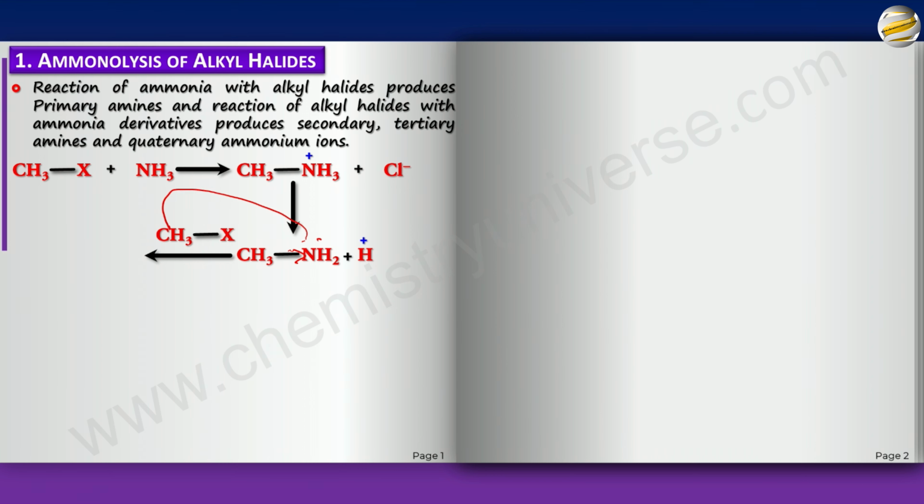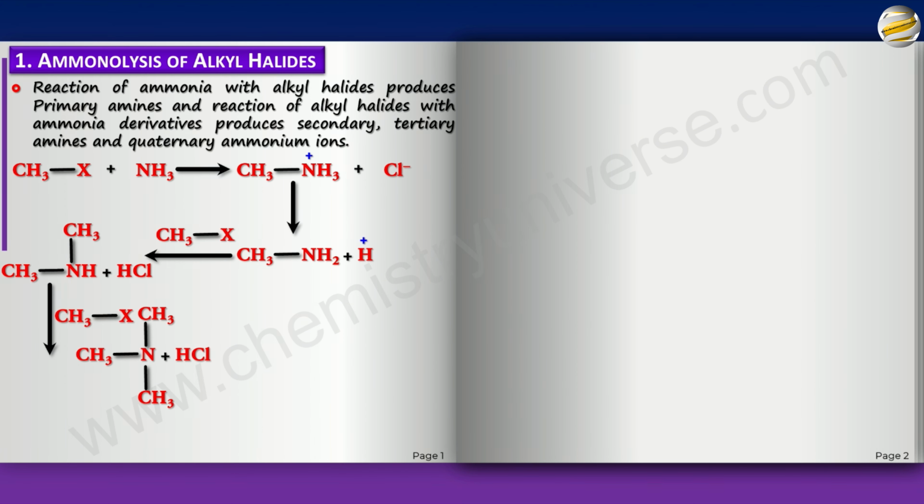So that will attack this carbon and the X minus will leave, and you will get secondary amine by the same logic. And if I have sufficient CH3X, now this is actually more reactive, but then because of hindrance, maybe it is slightly less reactive, but at least it is quite nucleophilic because of the plus I effect, and you will get a tertiary amine.